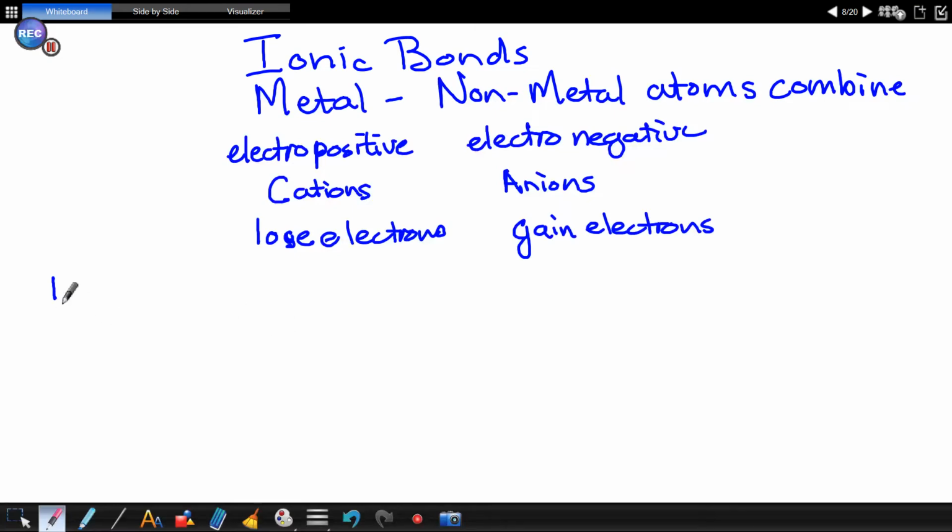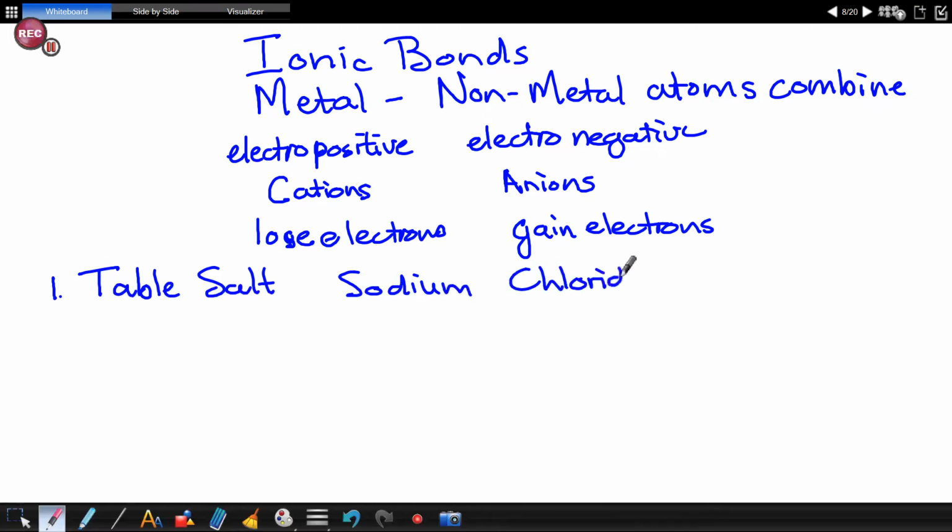So the first example is my favorite. Table salt. Yes, it is sodium chloride. So it's a metal combined with a non-metal. Sodium chloride. What happens?